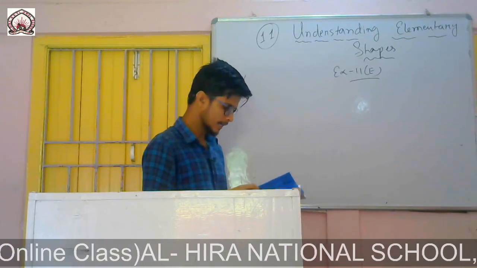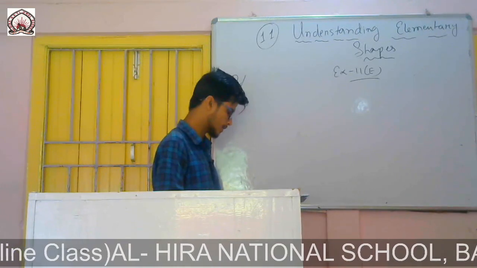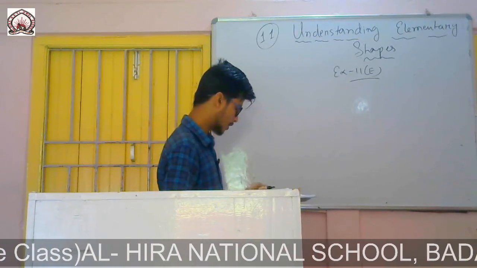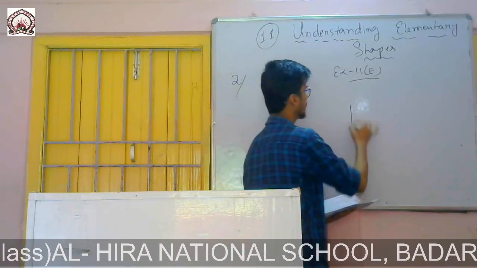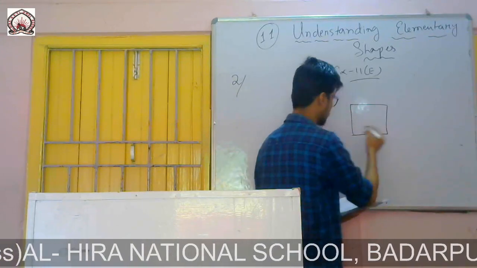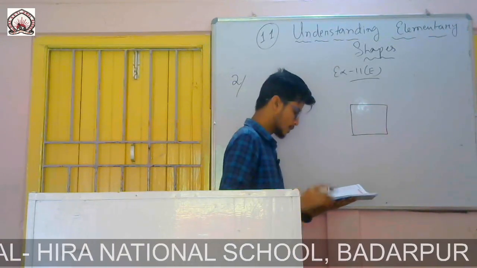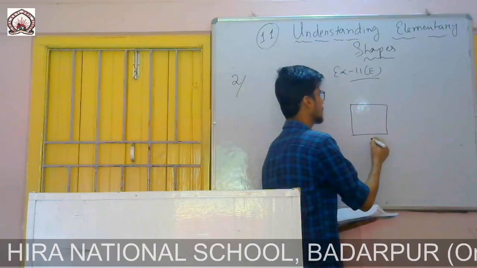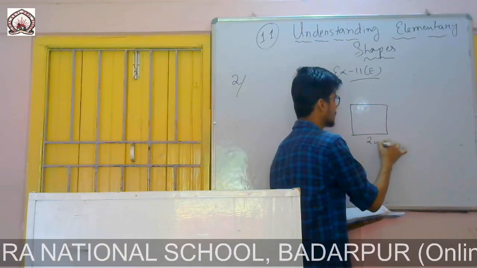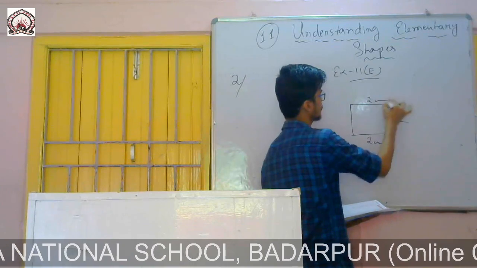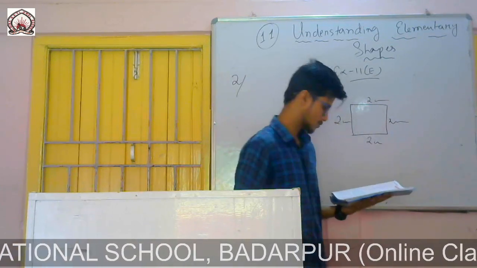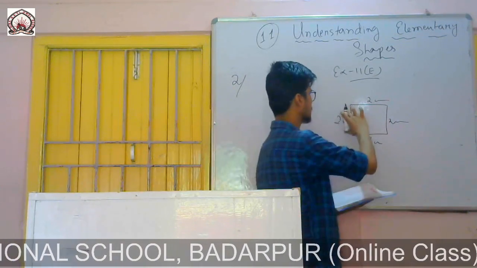A quadrilateral with all sides equal and all angles equal. A quadrilateral has four sides, and all sides are equal. If this one is 2 centimeters, then this one also will be 2, all are 2 centimeters. For example, I have just taken the same length.